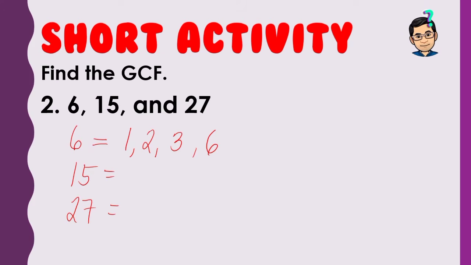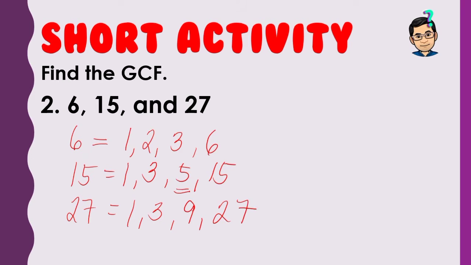And then, we have 15. We have 1, 3, 5, and 15. When our number ends in 0 or 5, it is automatically divisible by 5, so it has a factor of 5. Let's have 27. The factors of 27 are 1, 3, 9, and 27.